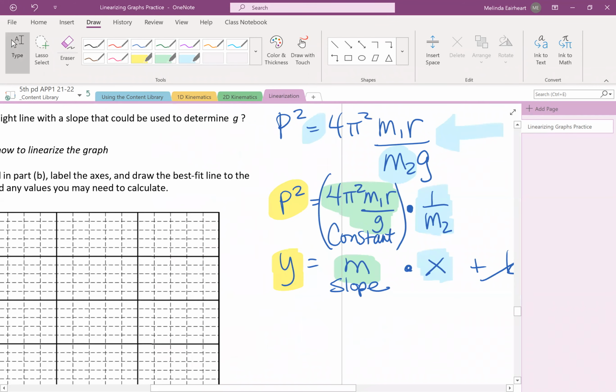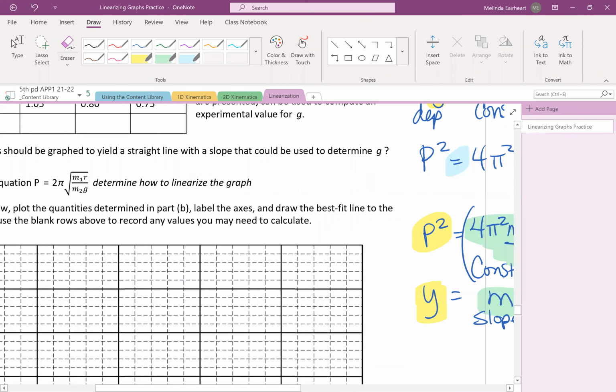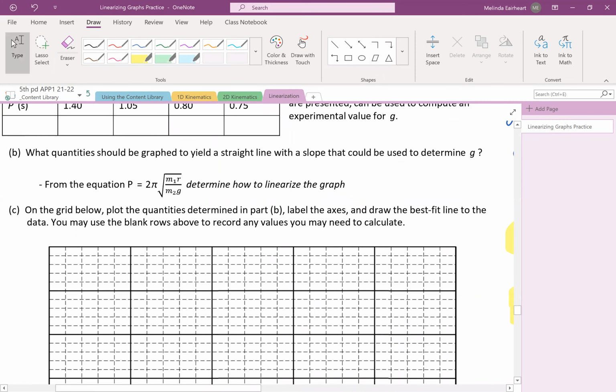All right. So to answer their question, what quantity should be graphed to yield a straight line? We're going to have p squared versus inverse m2. And so we'll have y versus x. Well, they only gave us p and m2.